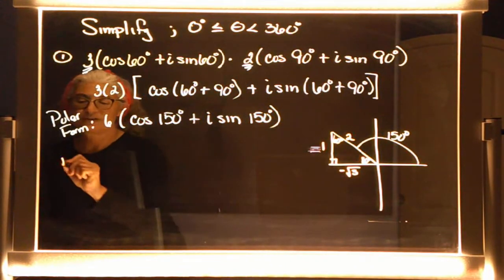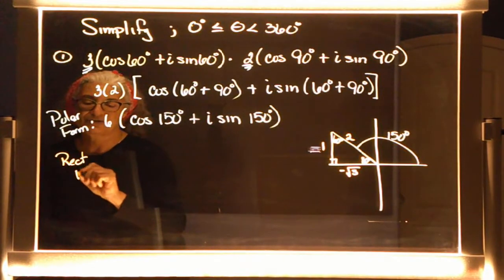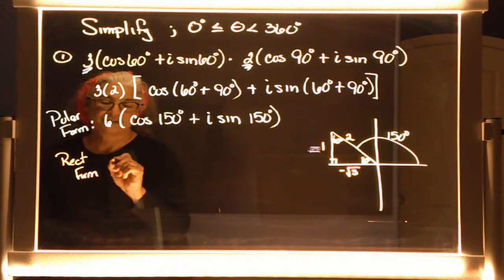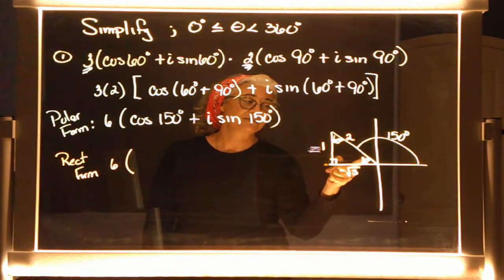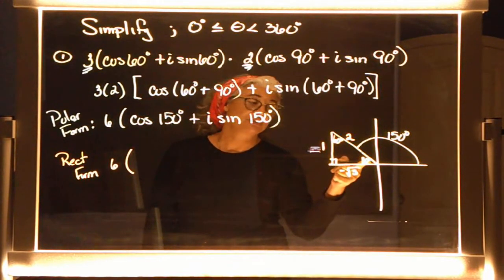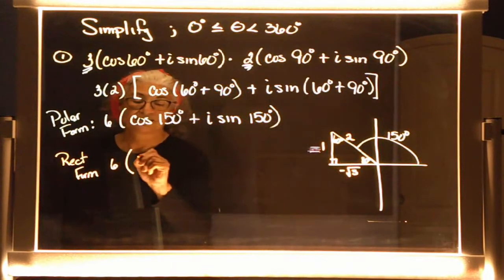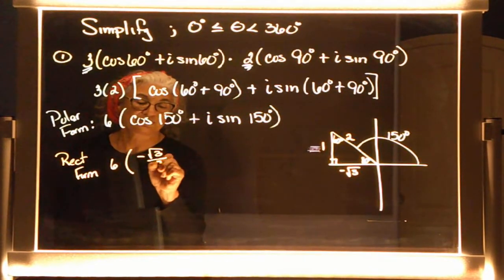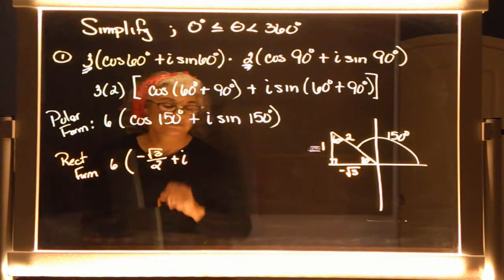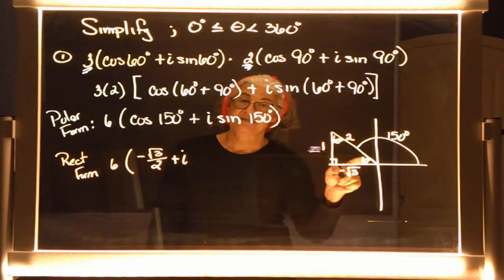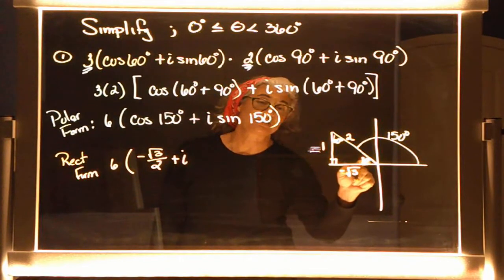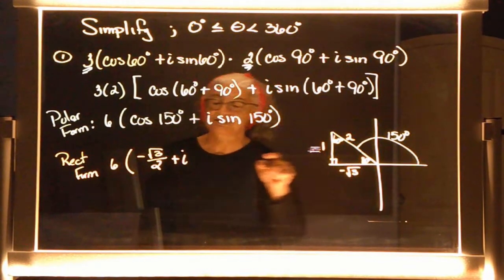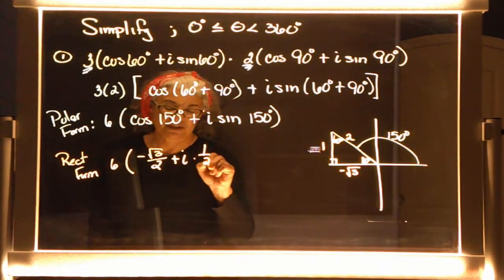Okay, so if they want the answer in rectangular form, then here's my 6. And now the cosine of 150 degrees, which is the same as 30 degrees, that's what? Negative square root of 3 over 2, isn't it? And if they want the sine of that 150 degrees, which is basically the 30-degree reference angle, that's times a half, isn't it?